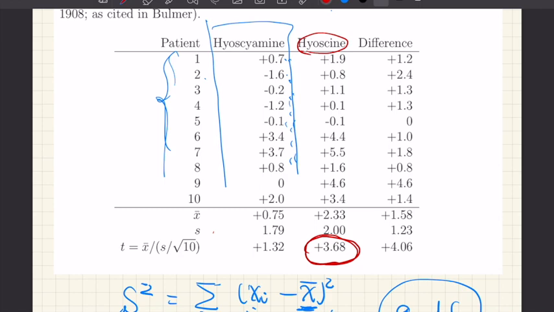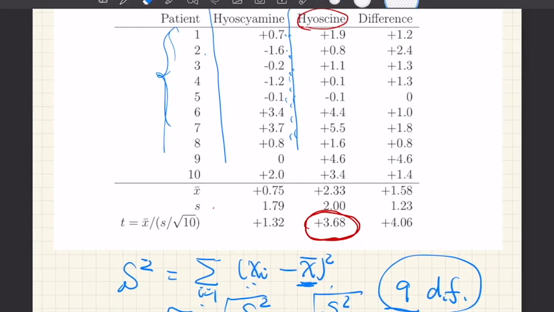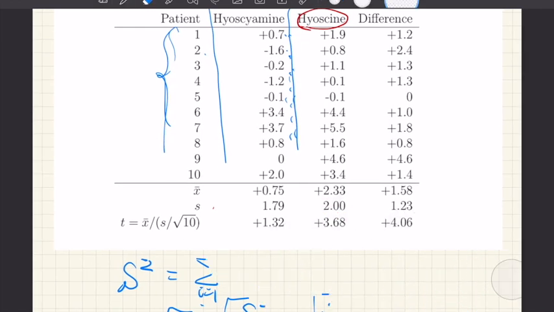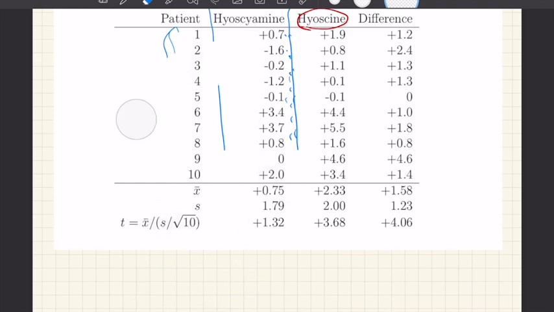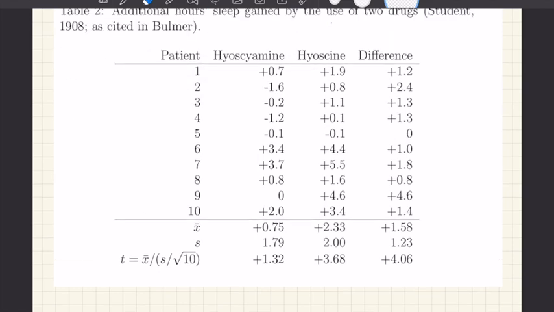Okay. Now, instead of looking at each drug separately, let's focus on the difference. The difference here means hyoscine minus hyoscyamine.